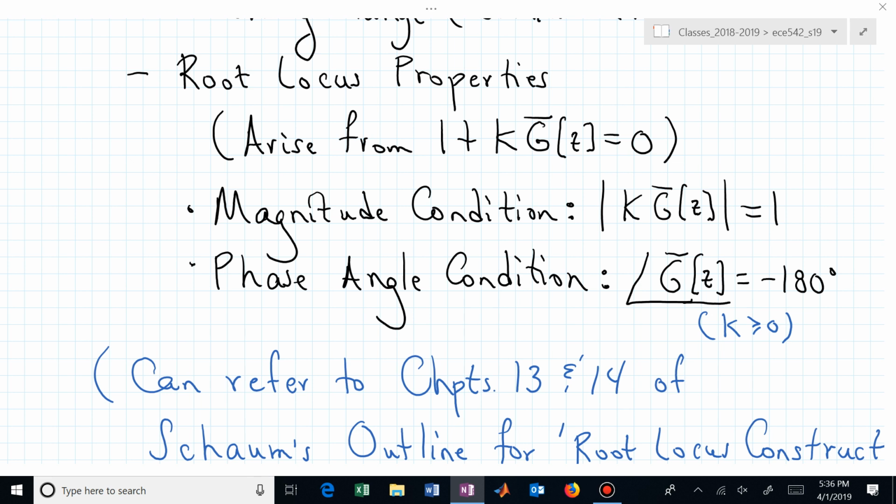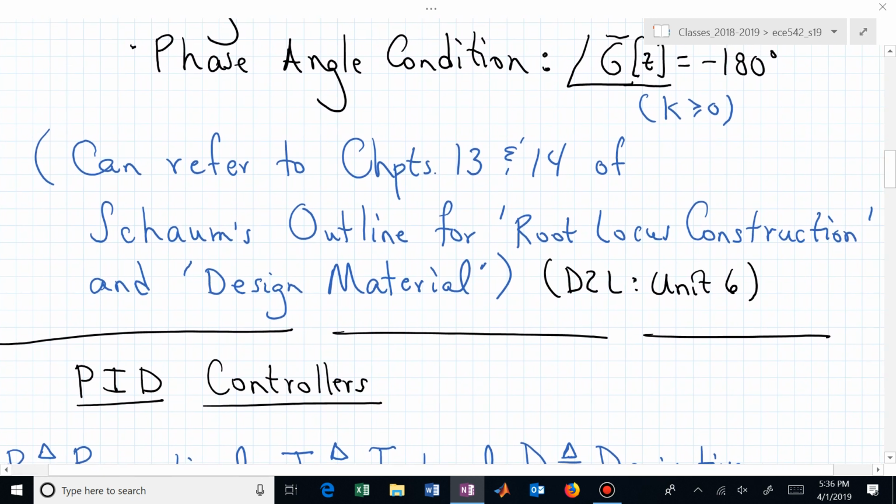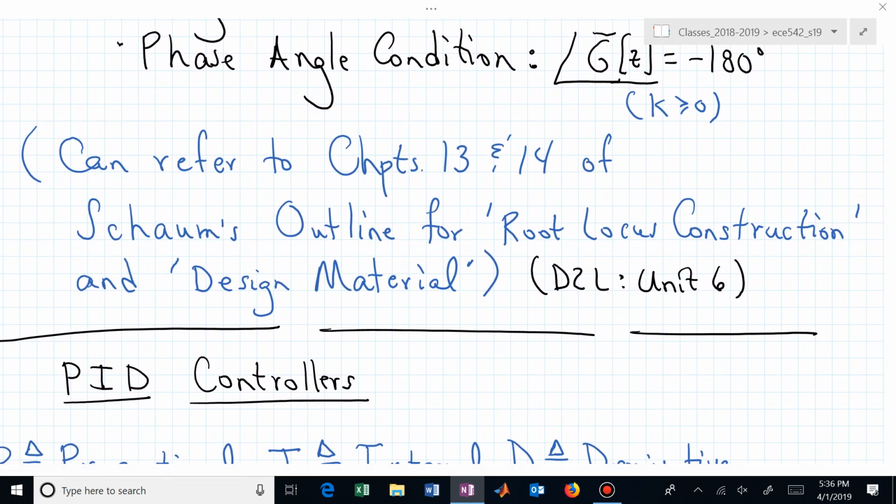If you solve that equation for k g bar, you see that it equals -1. And -1, we can say, has a magnitude of 1, and it has a phase angle of -180 degrees. Those are the two conditions that all of the root locus properties are derived from.